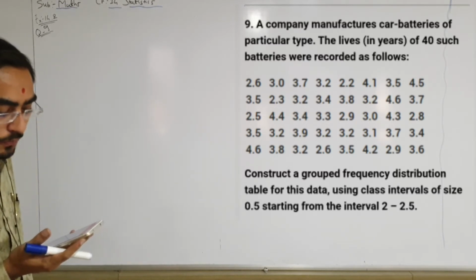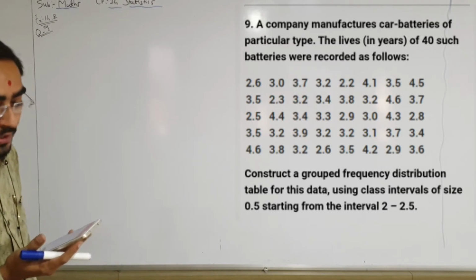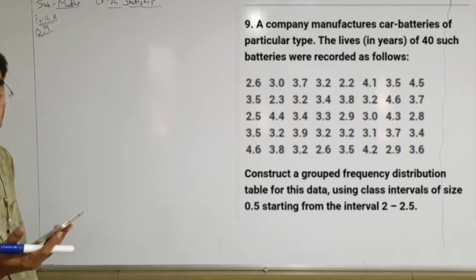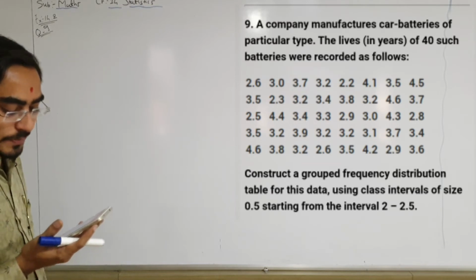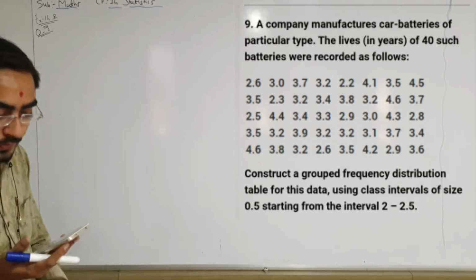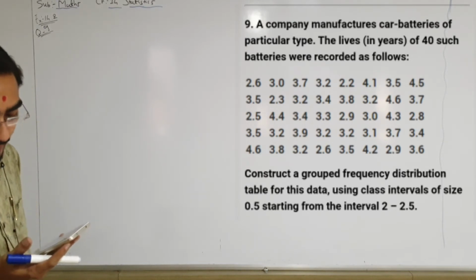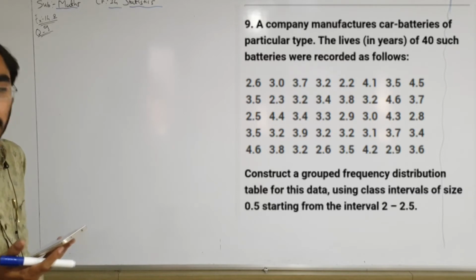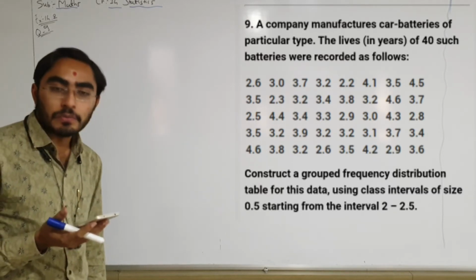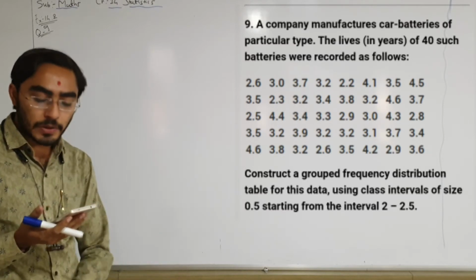The lives of 40 such batteries were recorded as follows in years: 2.6, 3, 3.7. Now construct a group frequency distribution table for this data using class intervals of size 0.5 starting from the interval 2 to 2.5.